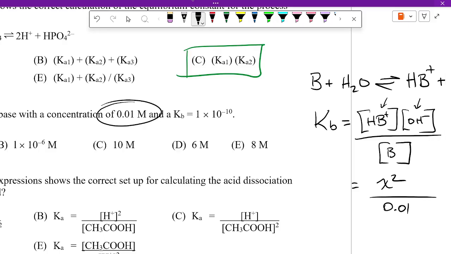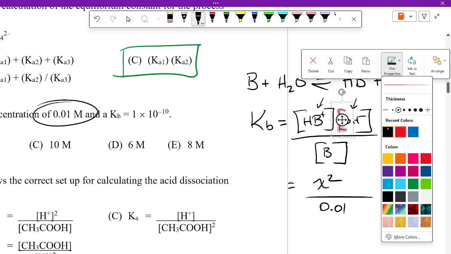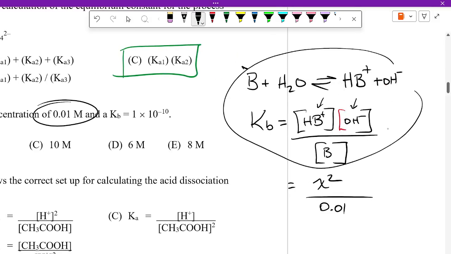If you're doing multiple choice and you're really good at it, you wouldn't even have to write this part. You could just go straight to here: 1 times 10 to the negative 10 is equal to x squared over 0.01.